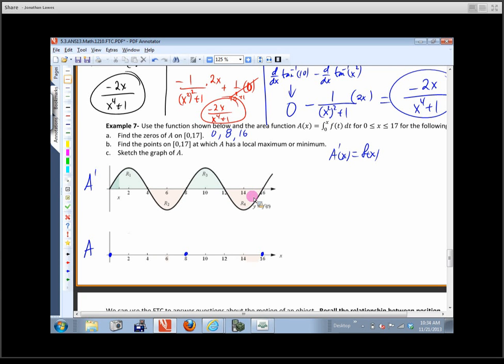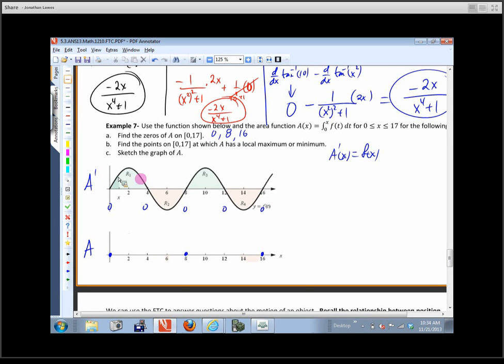Max and mins can occur when the derivative equals 0 or where it doesn't exist. Is there anywhere where the derivative doesn't exist? No. So maxes and mins would occur where the derivative equals 0. If you think about it, this is a graphical sign line right here. It's 0 here, 0 here, 0 here, 0 here, and 0 here.